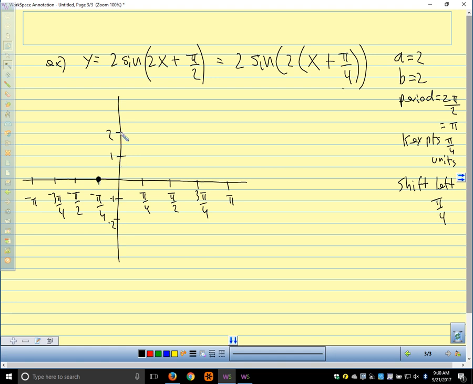And then I'm just going to plot my key points every pi over 4 units. And I'll go back this way a little bit. And there's my couple of periods of that graph.